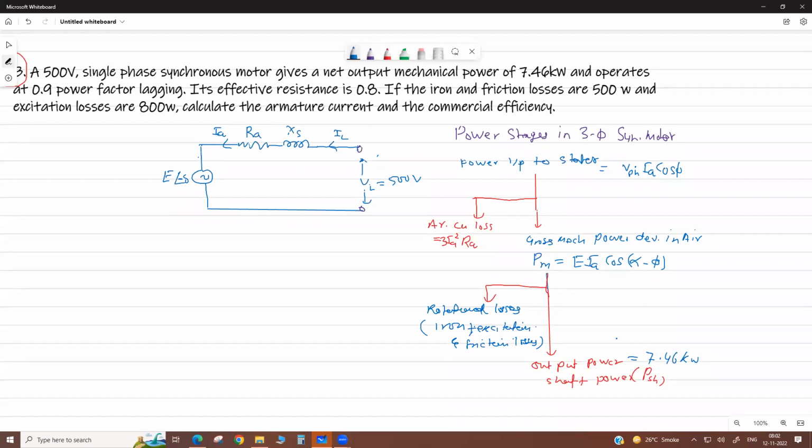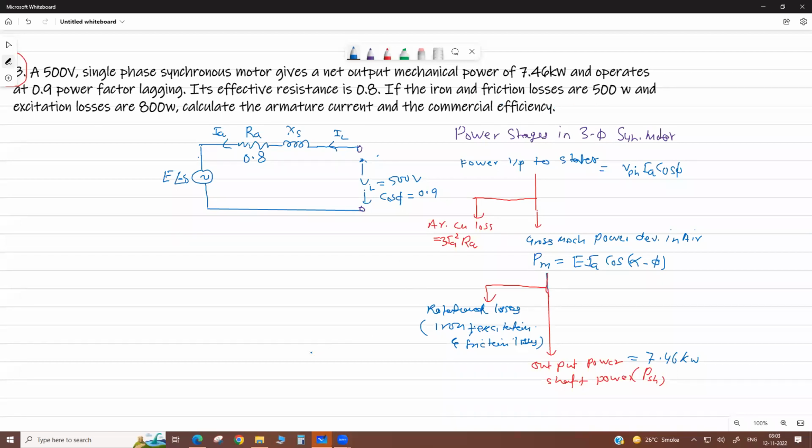It operates at 0.9 power factor, so power factor cos phi is also given, 0.9. Effective resistance RA is also given, 0.8. Iron and friction loss is 500 watt.